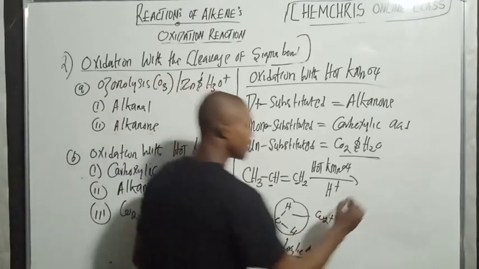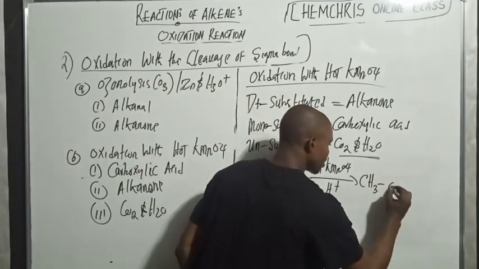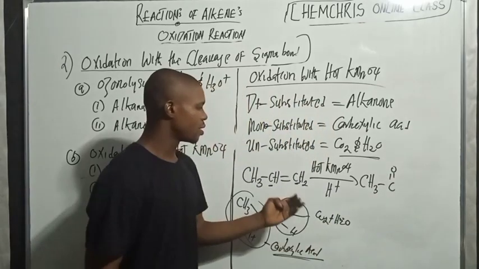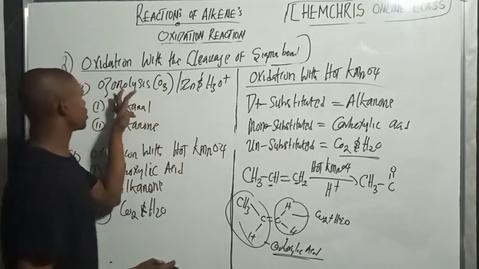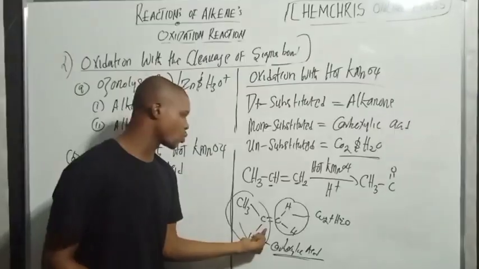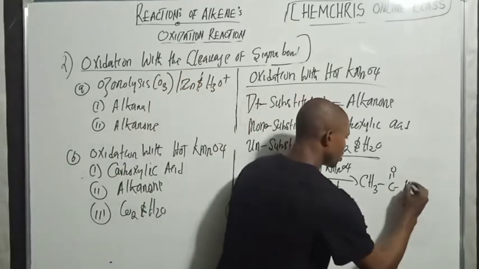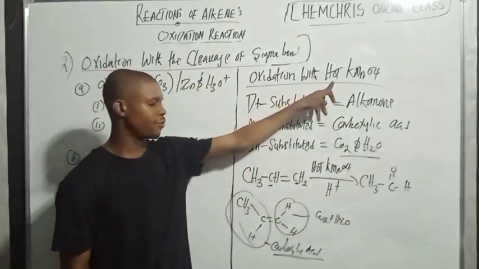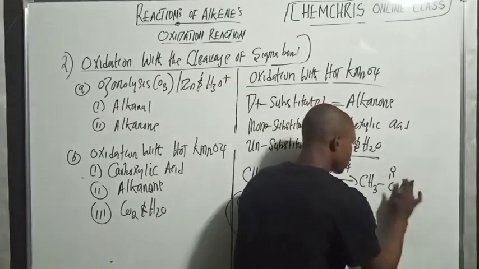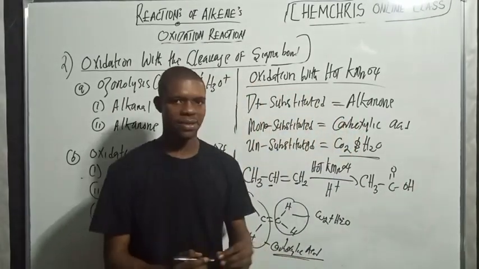So here we are going to have CH3, C. Now normally, understand this here. If it was ozonolysis, this one could have produced alkanal. But since it's hot KMnO4, this one has changed to OH. That is the difference.